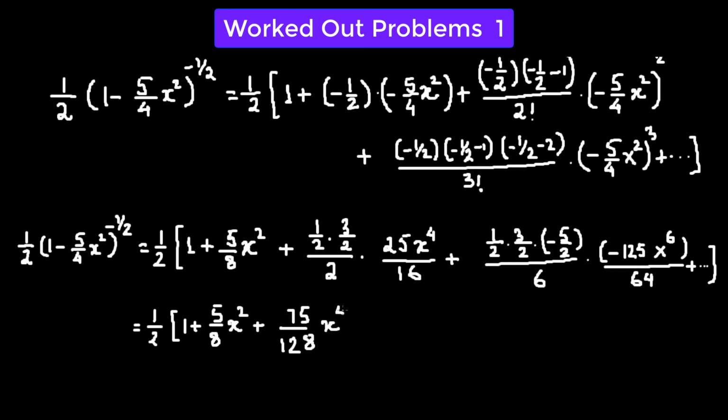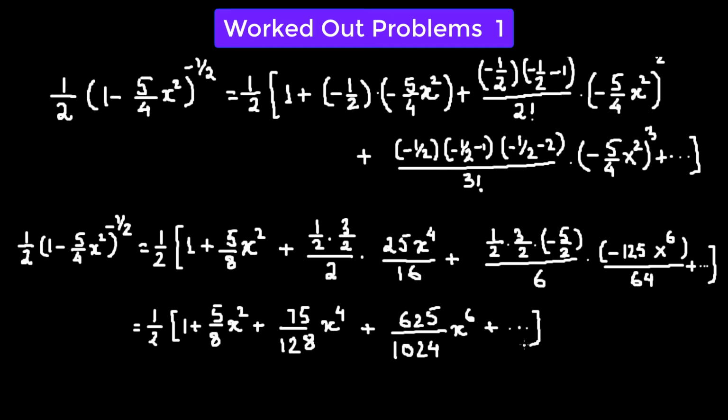You can use a calculator and verify that this value comes out to be 75 over 128, plus. This will be plus because we have two negatives here and both of them will get multiplied to give us a positive number. So let me go ahead and use a calculator, and this should give me 625 divided by 1024 whole times x raised to the power of 6 plus the remaining terms.